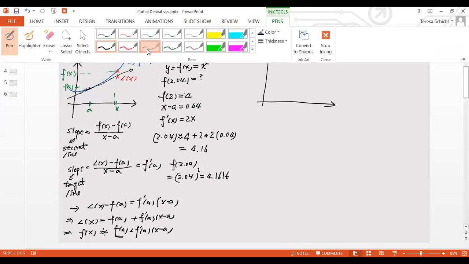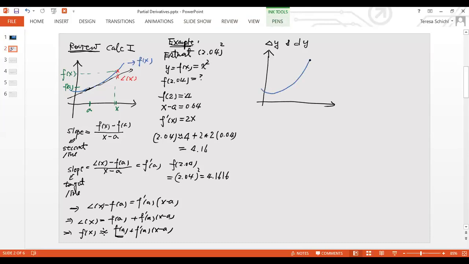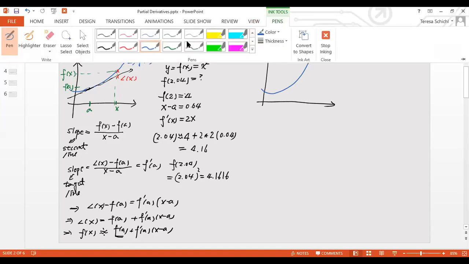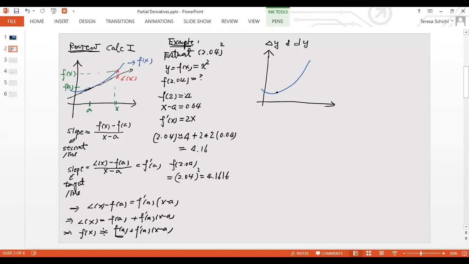I still have a function here, my f of x, and I choose 2 points. This is x, and then I choose this one here, x plus dx, all right?